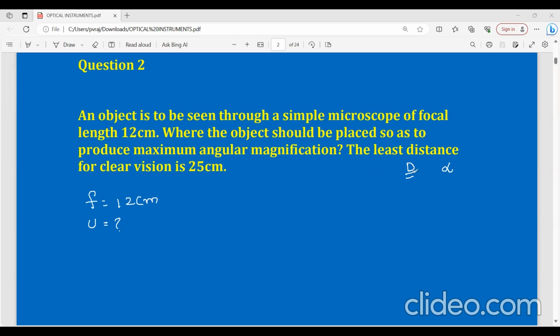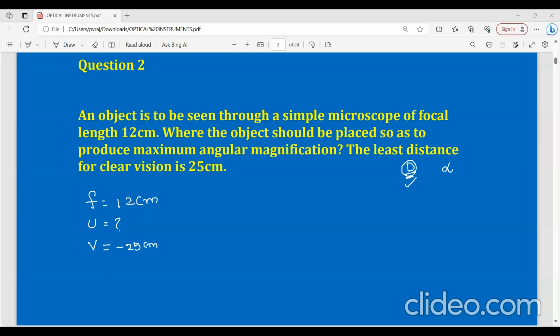That means angular magnification should be more only in this particular case. And the least distance for clear vision, that means final image should be formed at 25 centimeters. And of course, every time before the lens only. So that is minus 25 centimeters.